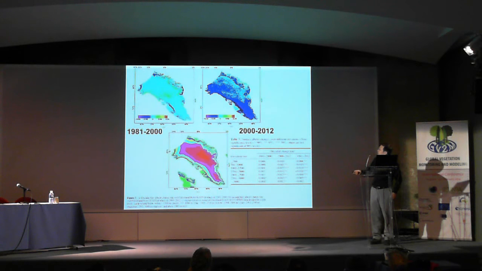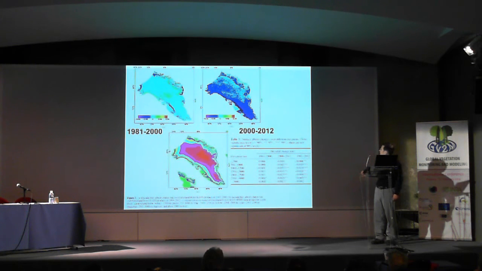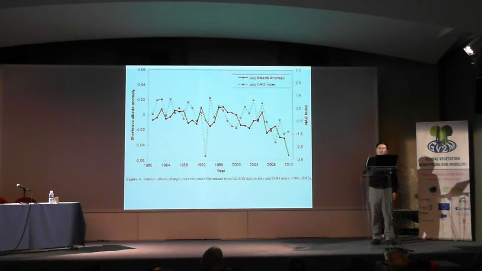This is the surface elevation, so this is the high elevation and this is the low elevation. That albedo decrease probably has something to do with global warming, the temperature increase. This statistical test tells us that from 1981 to 2000, the albedo change is not statistically significant, but in the last decade or so, the albedo decrease is very significant.